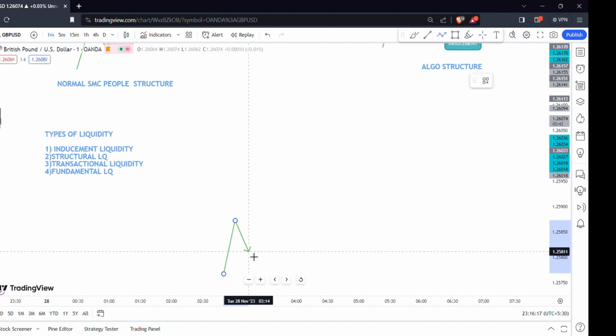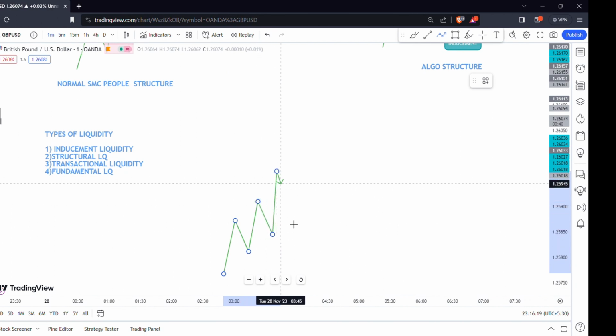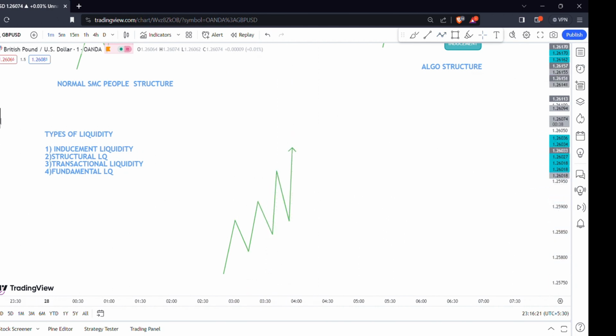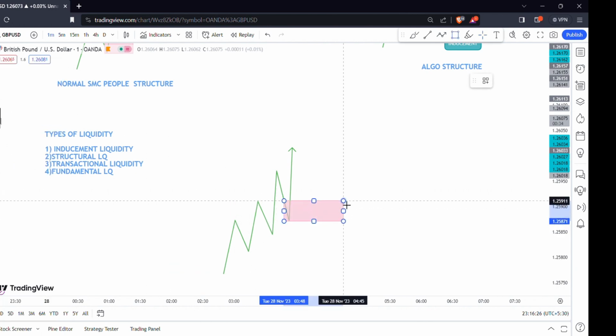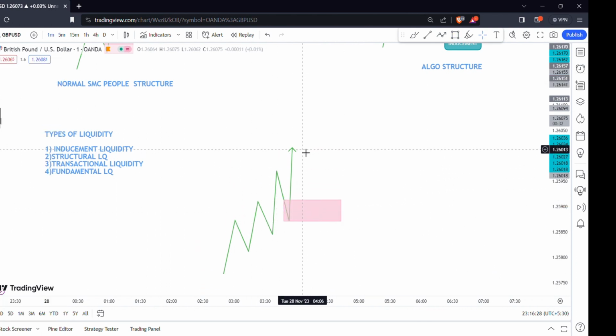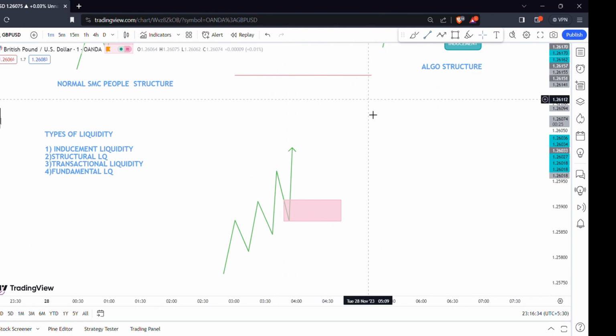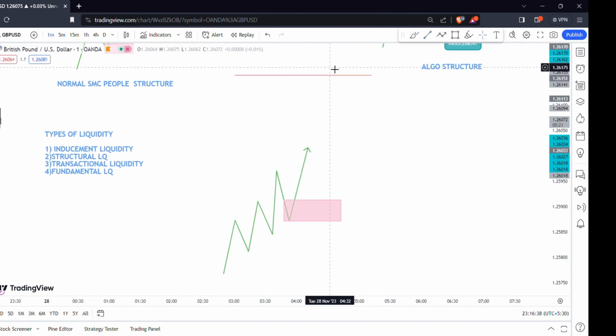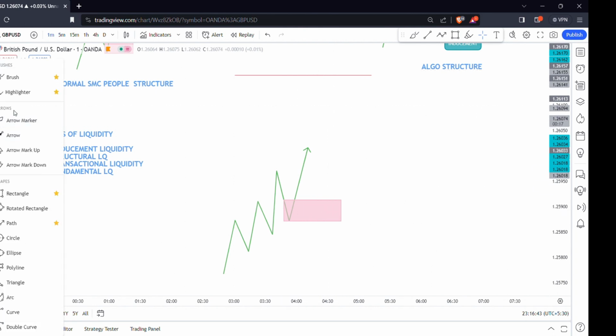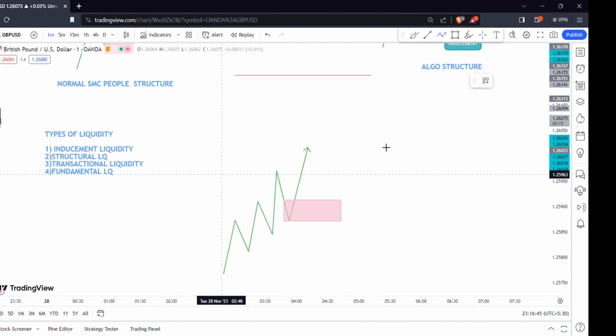If the market is moving upwards, you should understand what the smart money people will do. They will buy here, right? So in order to make the price move towards this point, if the algorithm wants to deliver the price towards this point, let's say for example, it needs liquidity. It can't move the price like this. It needs liquidity, so it should do a stop hunt.